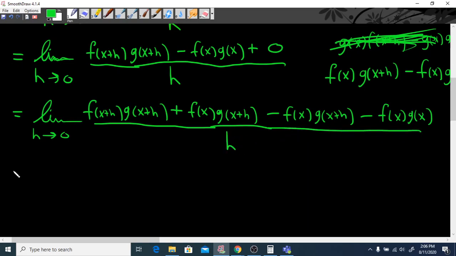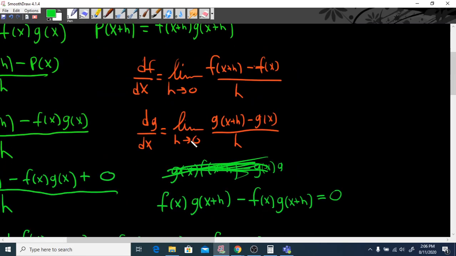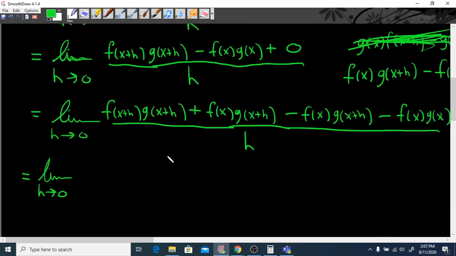Okay, and now I'm going to see if I can factor. The first two terms contain g at x plus h. But I also want subtraction because I'm trying to use the individual derivatives that I have here in this orangish reddish color.